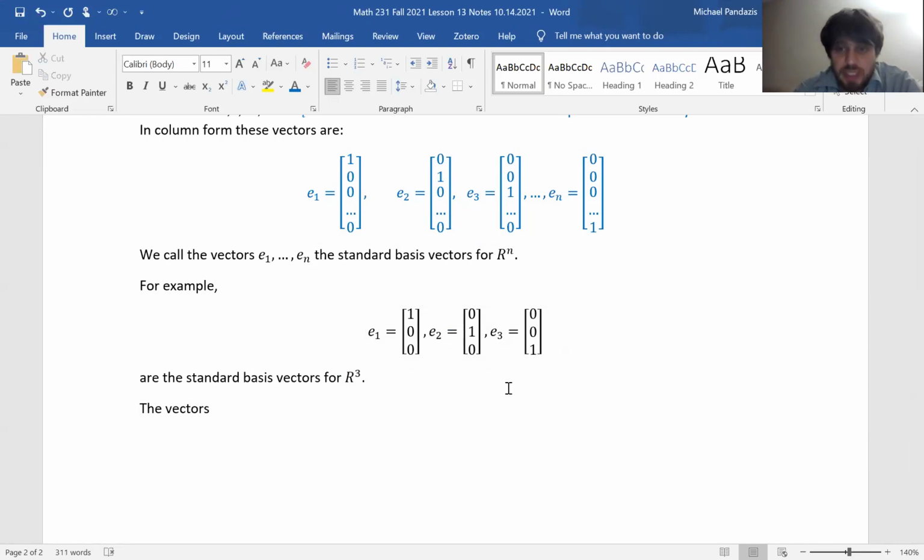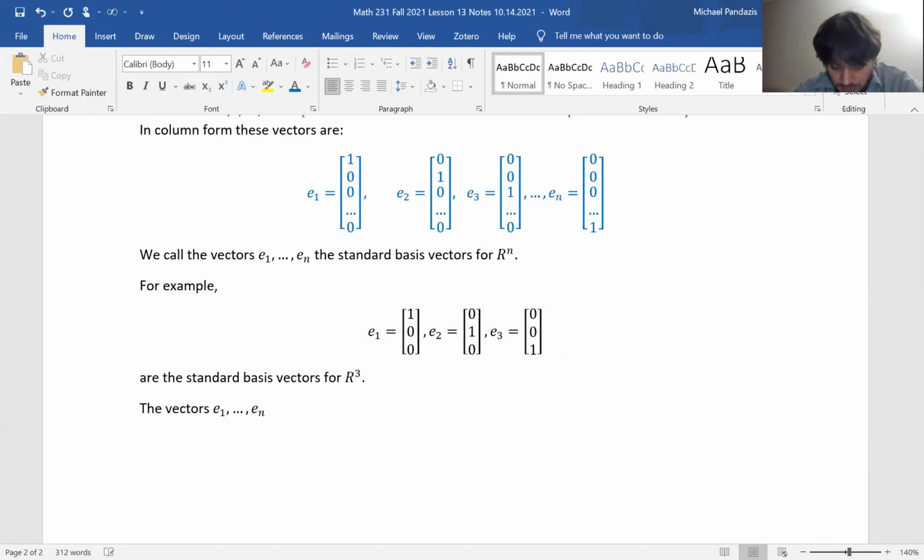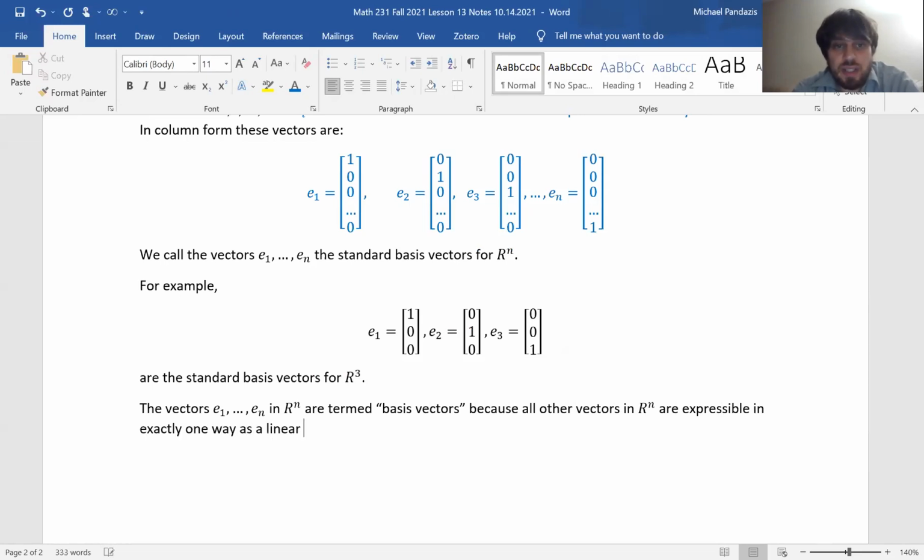The vectors e1 to en in Rn are termed basis vectors because all other vectors in Rn are expressible in exactly one way as a linear combination of them.